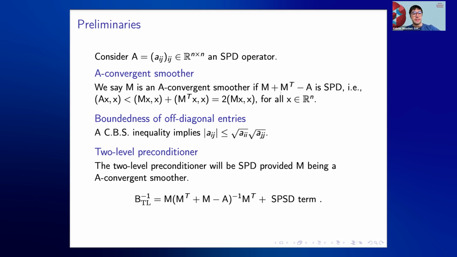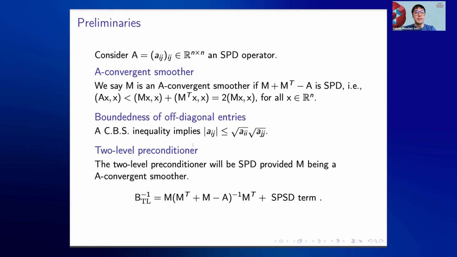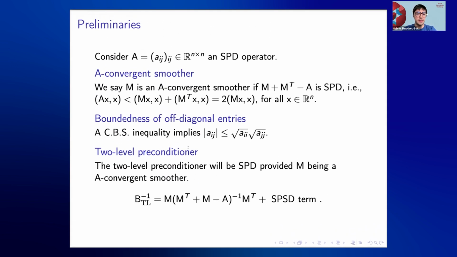Something also relevant for the preconditioners we will define later on is that the off-diagonal entries of the operator A are bounded by the diagonal entries, and this is just a Cauchy-Schwarz inequality that yields this inequality. I also want to recall that at some point we are testing a lot of different preconditioners, and we would like to see different smoothers in the context of a two-level method.